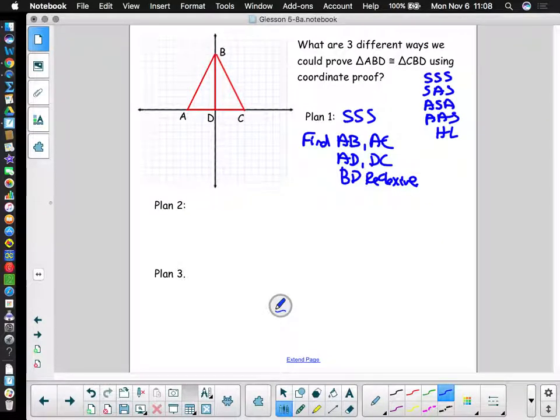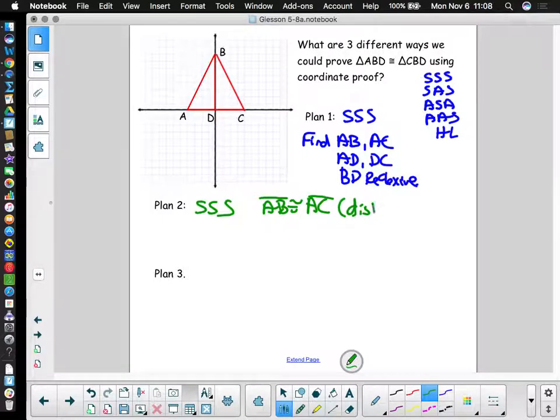Plan 2, I'm going to take a slightly different tactic, and we're going to use the midpoint formula a little bit here. Because if I could show, basically I'm going to use side, side, side again. And again, we're going to show AB congruent to AC. Okay, that's distance. And BD is reflexive. So nothing to calculate there.